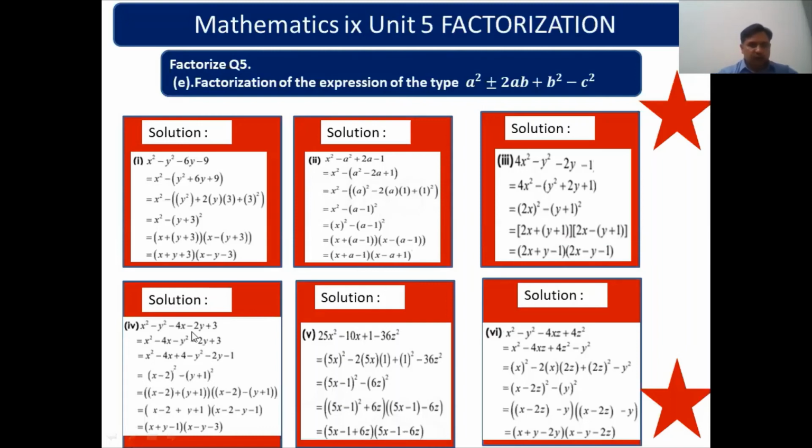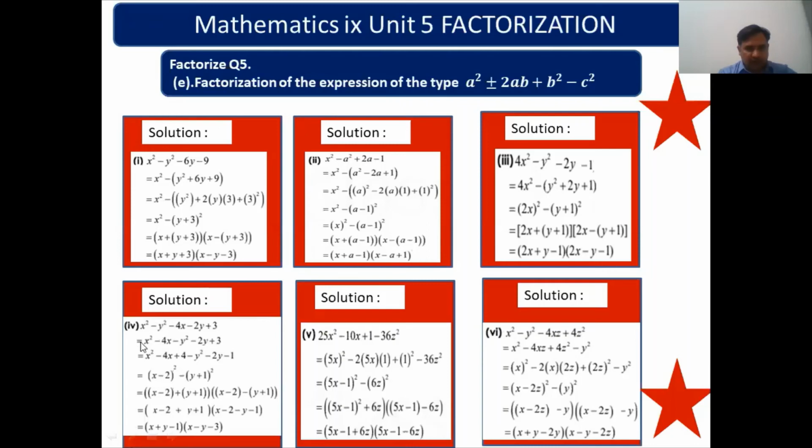Part 4, x square minus y square minus 4x minus 2y plus 3. So here we have to complete the formula. x square minus 4x, and we rearrange in such a way that we can complete the square. So x square minus 4x we write here, and here we write minus y square minus 2y plus 3.